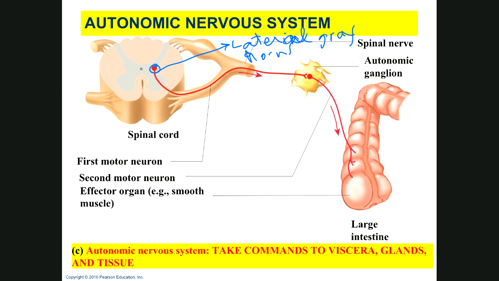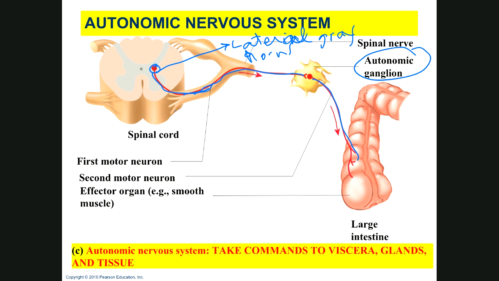Also notice that there are two neurons in this system, not one. This will be the first neuron, which exits through the anterior roots of the spinal cord, then goes out through the spinal nerves and out from in between vertebrae towards a ganglion. This is an autonomic ganglion, where it innervates a second neuron, and that second neuron is the one that actually reaches the effector organ, in this case smooth muscle from the large intestines.